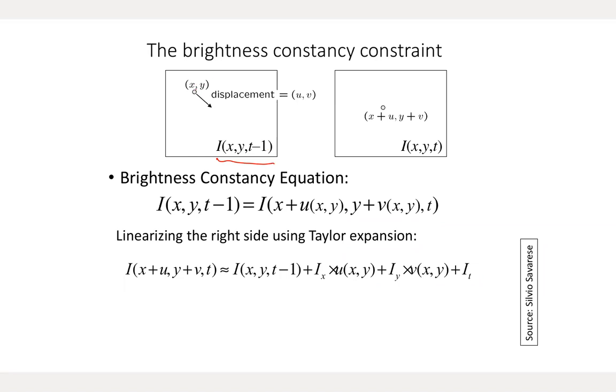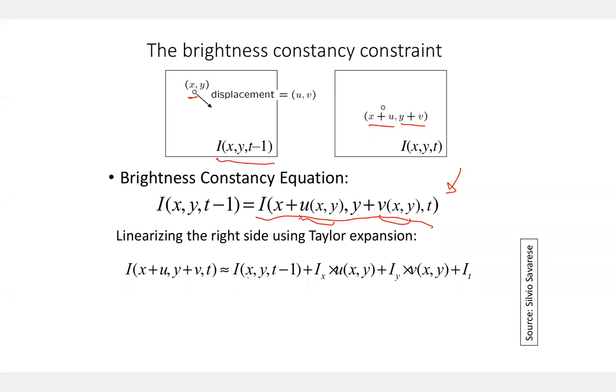If this dot here moves in the next frame to x plus u and y plus v, we expect the intensity to be more or less the same, because of this brightness constancy assumption. Since these two are more or less the same, I can expand this with a Taylor series expansion, because we assume the displacement is small. We have this small motion assumption, so U and V are small, and we can use Taylor series expansion.